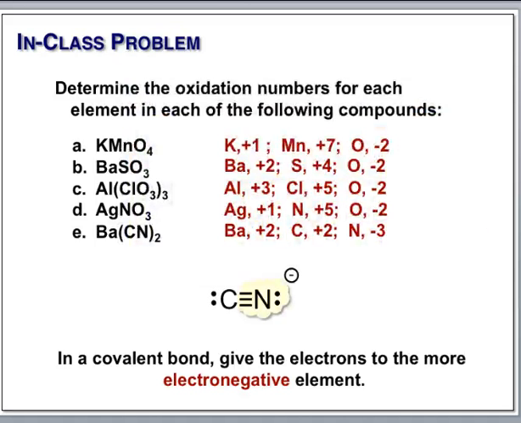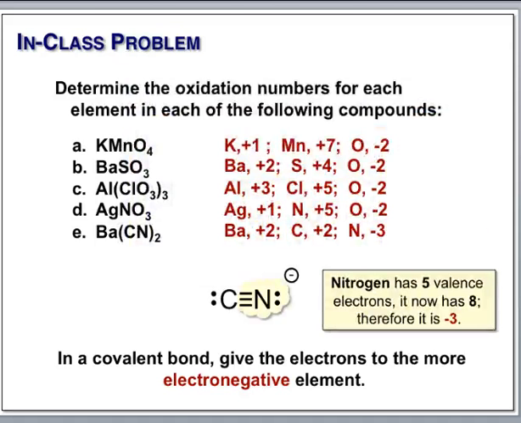Now, let's compare what we have to our periodic table. Nitrogen is a group 5 element. How many electrons does it have now? It has all those from the covalent bond. That's 2, 4, 6, plus 2 more, that's 8.